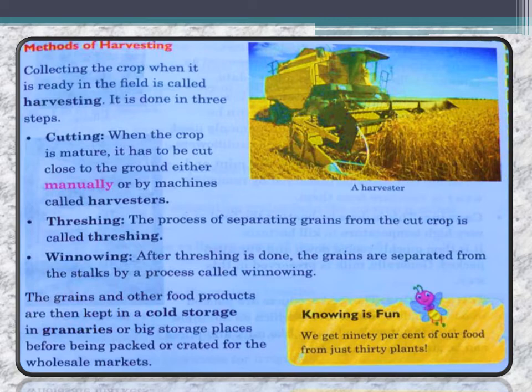Now after that, the grains are packed and created for the wholesale markets. That means after packing it will go to wholesale markets. So this is the process of farming.